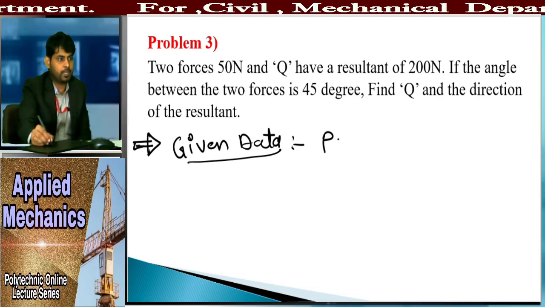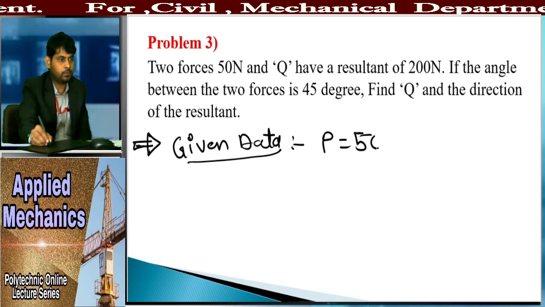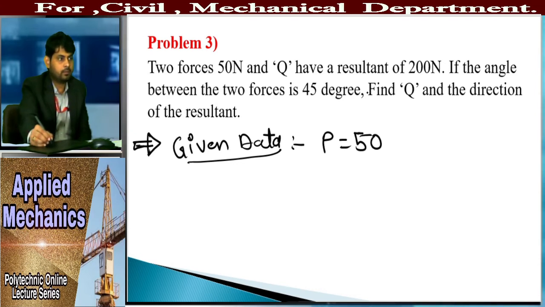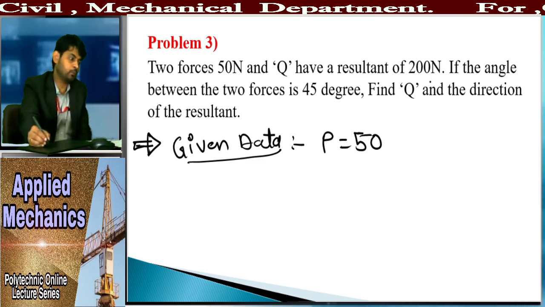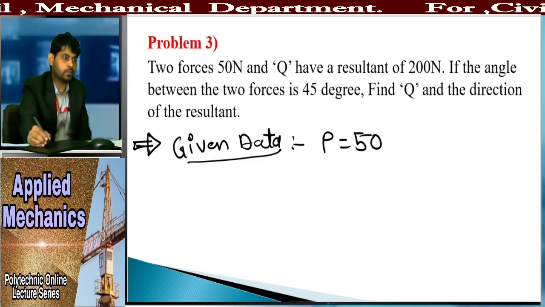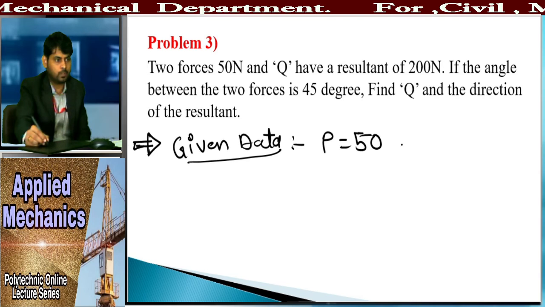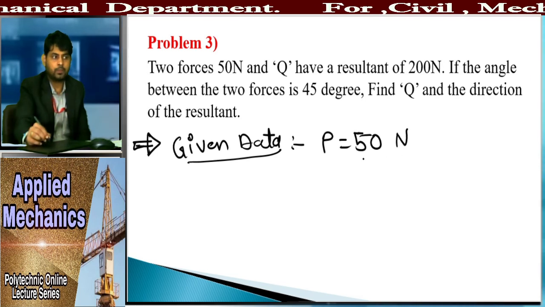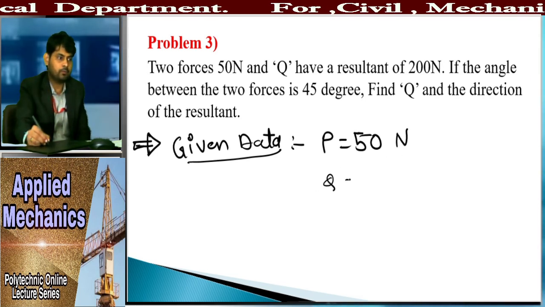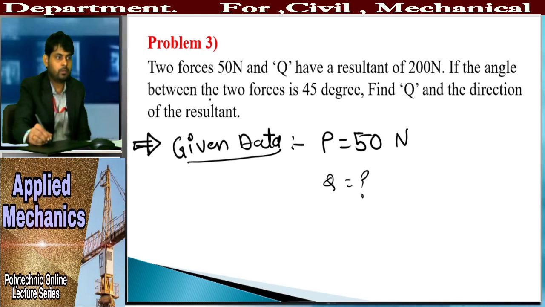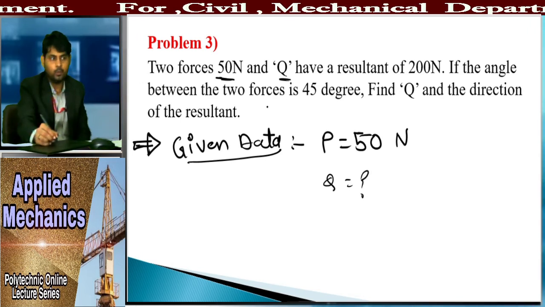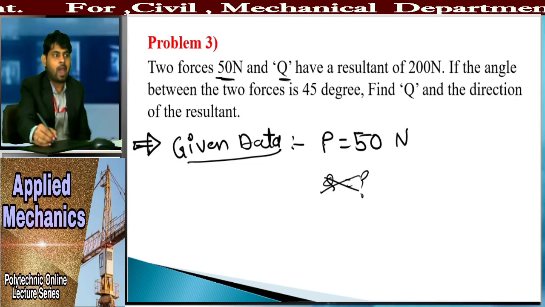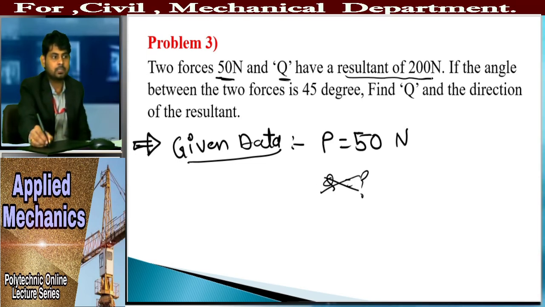Force 1 is P, that is 50 Newton, and two forces 50 Newton and Q have the resultant of 200 Newton. So here the value of P is given to us, 50 Newton, but the value of Q is not given to us. They are mentioning only two forces. One force is 50 and the second force is Q. So this is not given to us. The resultant is given.